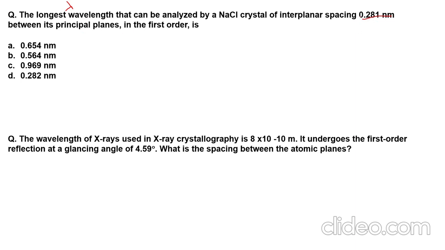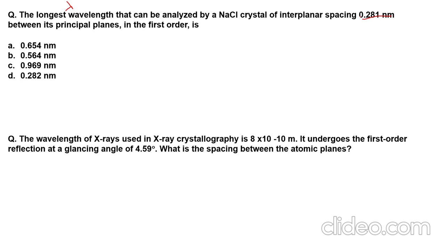interplanar spacing. That is how you fix the source, for example, usually copper is the source in X-ray diffraction, or molybdenum is used. That is very important because that will emit a characteristic wavelength. Say for example, copper emits a characteristic wavelength that will be different from molybdenum.